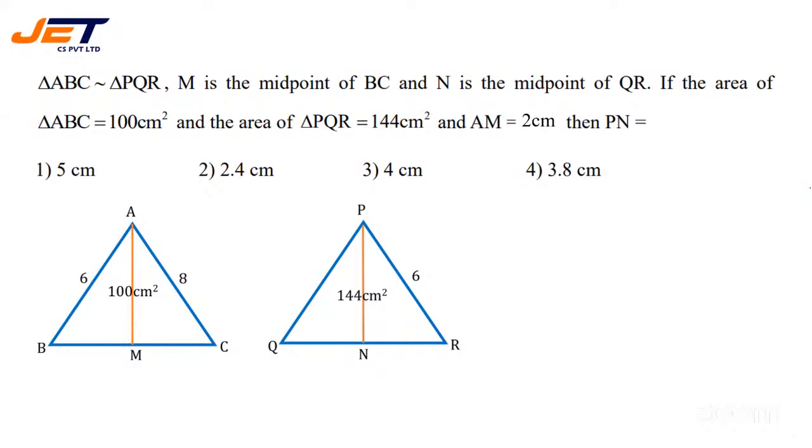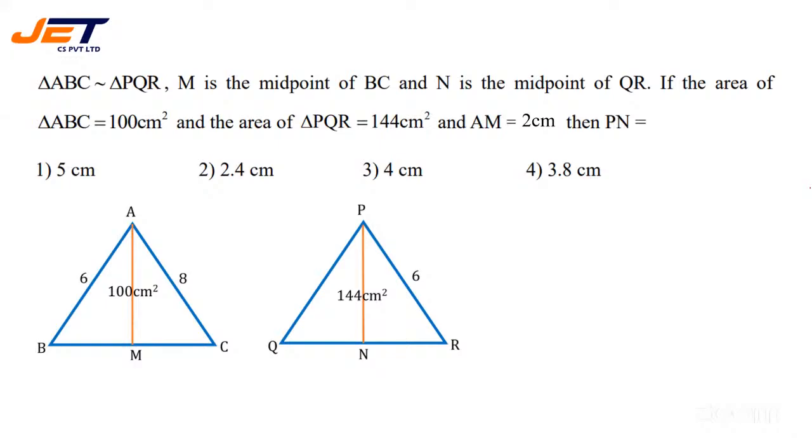So if the area of triangle ABC is equal to 100 centimeters square and area of triangle PQR is equal to 144 centimeters square and AM is 2 centimeter, and then what is PN?